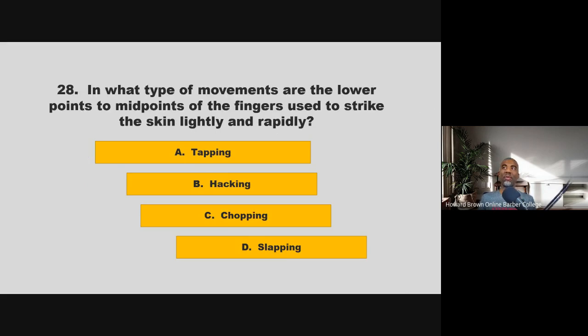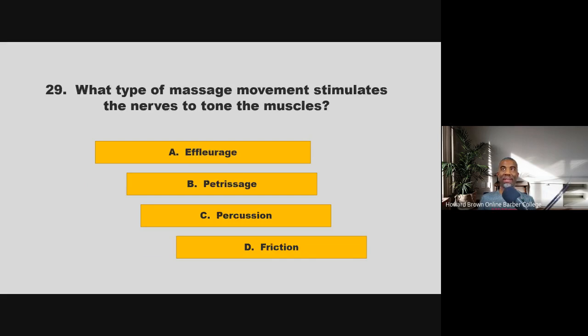In what type of movements are the lower points to midpoints of the fingers used to strike the skin lightly and rapidly? Is it tapping, hacking, chopping, slapping? If you chose D, slapping, you are correct.